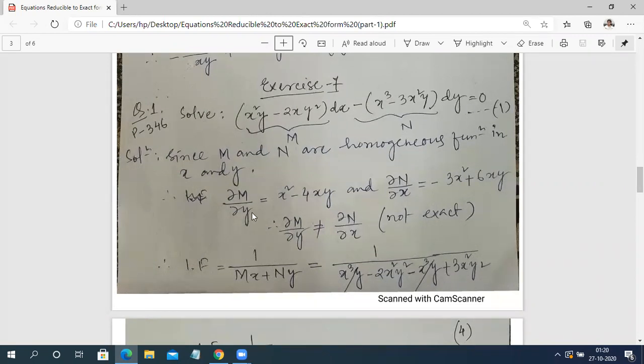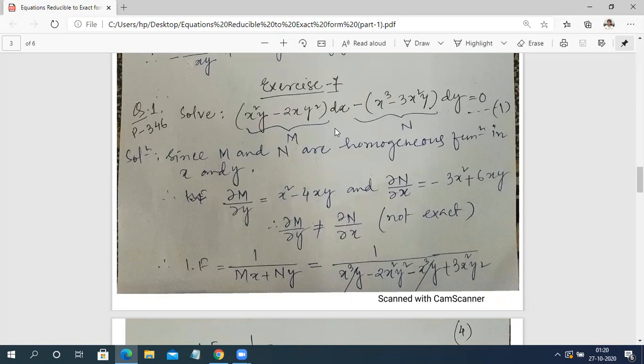Now first we'll check whether this is exact or not. After checking the exactness condition, you can see that del m upon del y is not equal to del n upon del x. So the given equation is not exact.